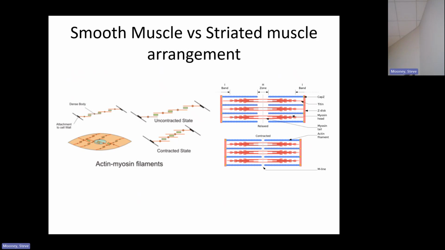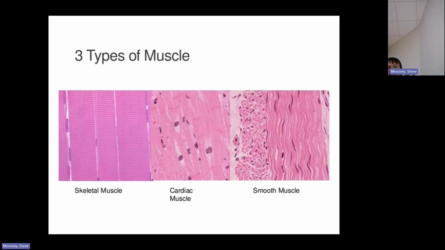So that arrangement, we talked about the striated muscle, the cardiac or the skeletal, lining up, organizing. We have a different arrangement here that does not form those nice neat lines. We have things sliding over each other just like we do, or we haven't talked about that yet, but we will today. But we're not going to get the unison from a visual standpoint.